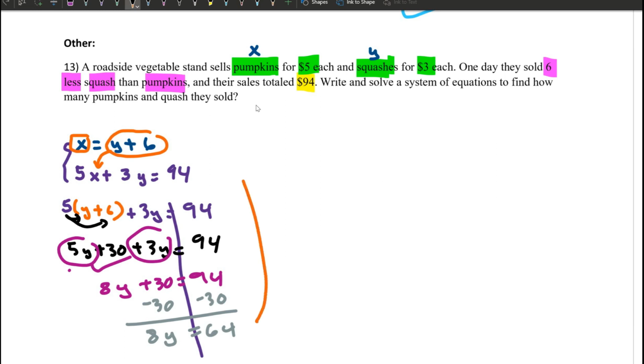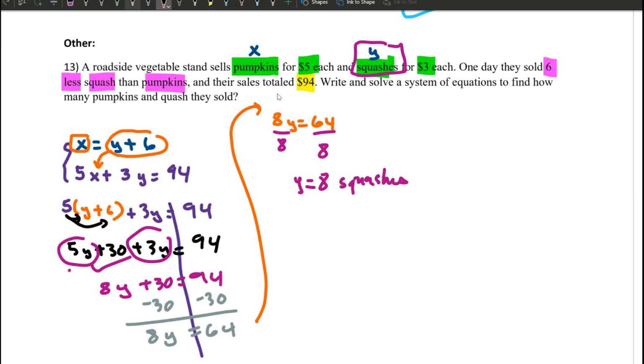Continue solving for y. 64, we're going to divide by 8 on both sides. 64 divided by 8 will give you 8. So 8 represents the amount of squash. So that will be 8 squash.